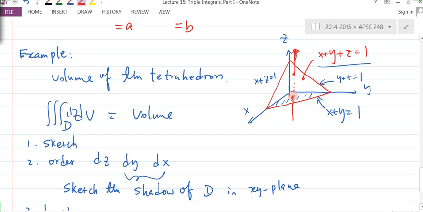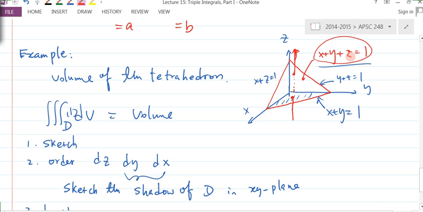In this particular case, the first contact point will give us the z min, which is 0. The second contact point is on the top plane here, right? So that means the z max should be 1 minus x minus y. This is the top plane, and the second contact is always on this top plane.